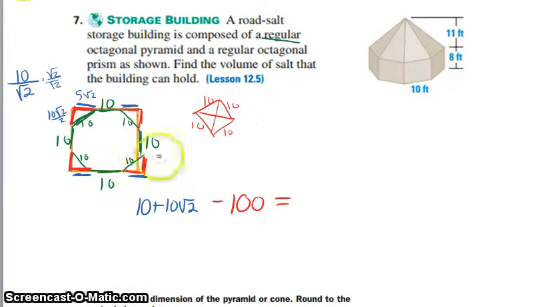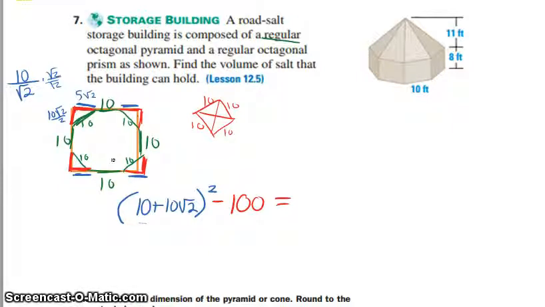Since this is a square, the length and the width are the exact same thing. So the blue part right here is the area of the square, and this red part right here, 100, is the area of these 4 corners that I'm cutting off.